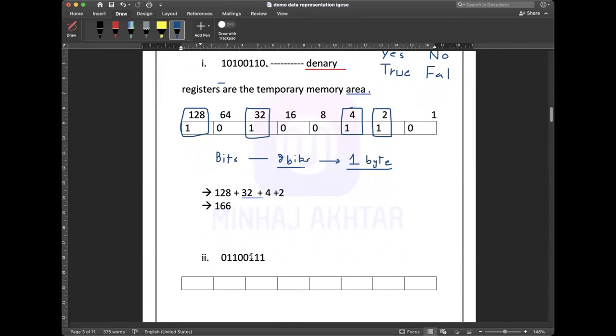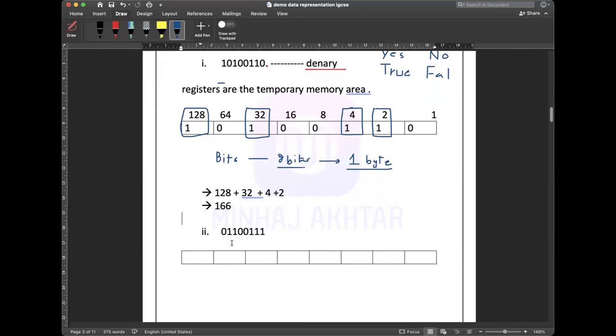Okay, read the question, please. 0 1 1 0 0 1 1 1. First we have to draw the registers, and then we are going to put the numbers on it, like 1, 2, 4, 8, 16, 32, 64, and 128.